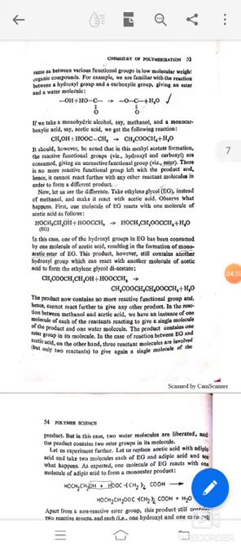In the case of the reaction between ethylene glycol and acetic acid, on the other hand, three reactant molecules are involved, but only two react to give again a single molecule of product.